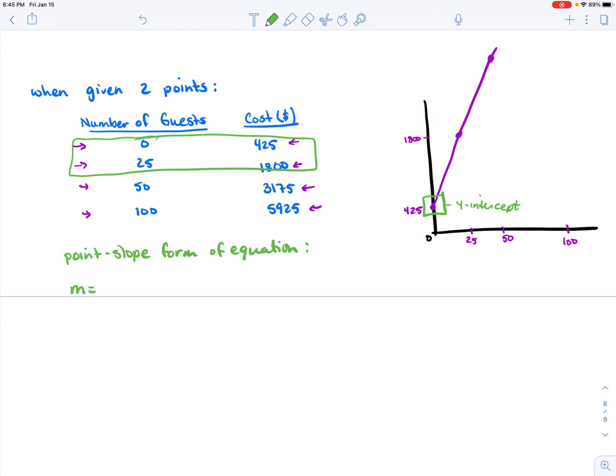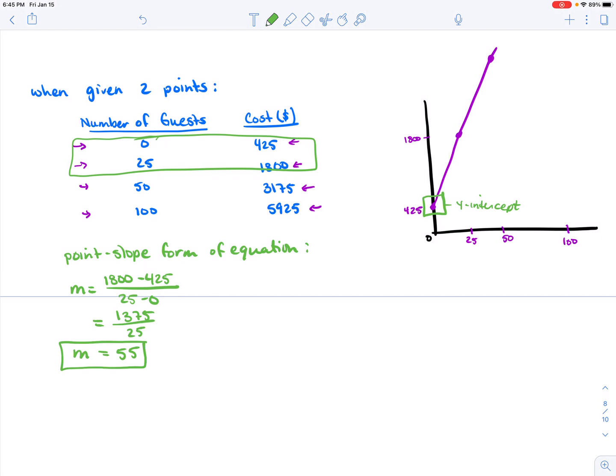I have 1800 minus 25 divided by 25 minus 0, which gives me 1375 divided by 25, and that gives me 55. So my slope is 55.